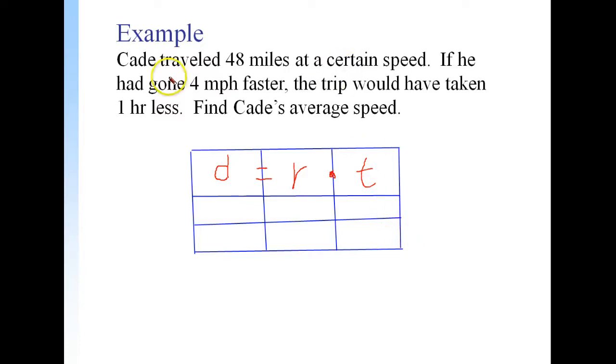And we're going to start filling this chart in here. So he did 48 miles in both cases. So 48 and 48. That's our distance.